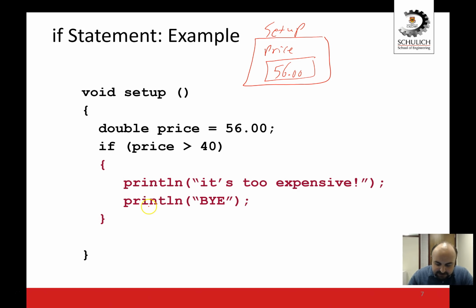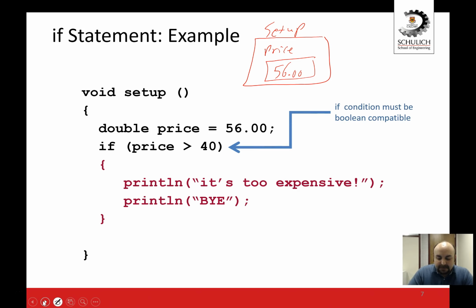In the if statement, we have our condition. This is the condition, and the condition must be Boolean compatible. I'll talk about this further in my slides. Basically, Boolean means that it is either true or false. We'll discuss this in a minute.